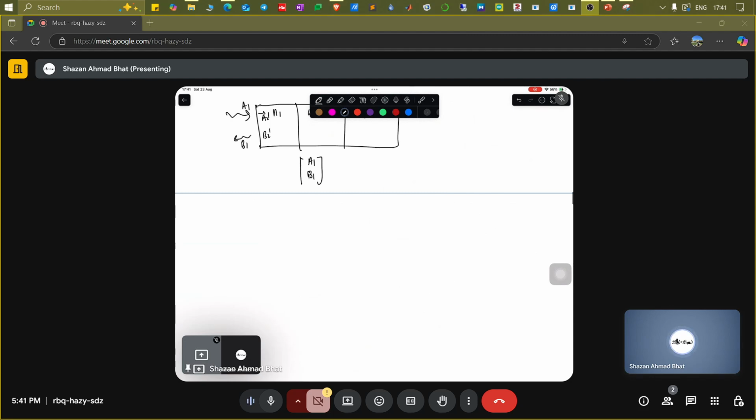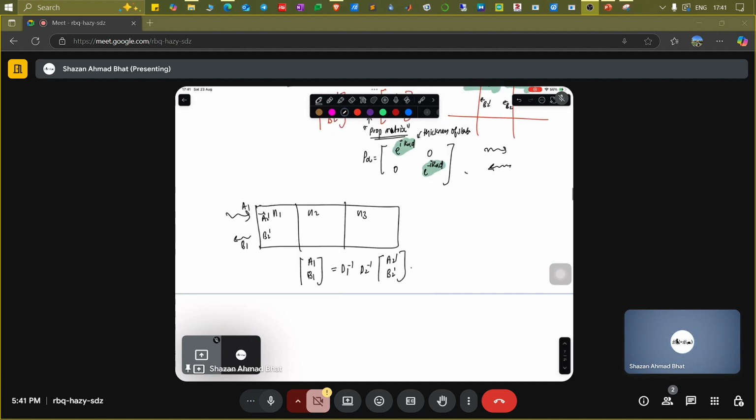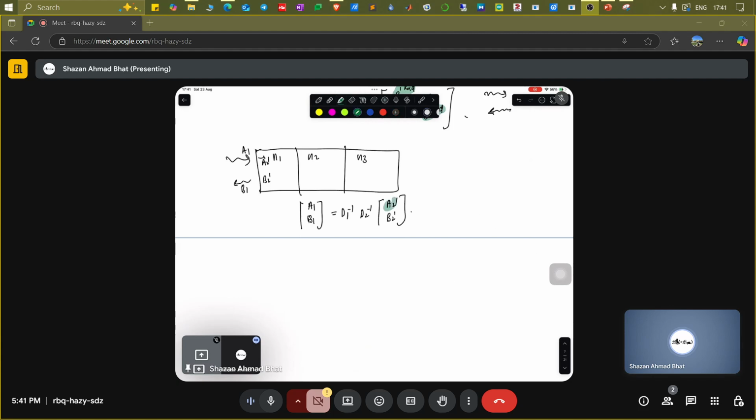You can write it as D1 inverse, D2 inverse, A2 dash, B2 dash. Now here you have written the A2 dash, B2 dash inside the slab, inside this particular slab.